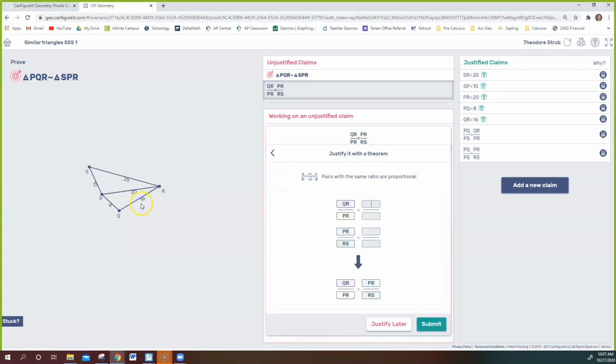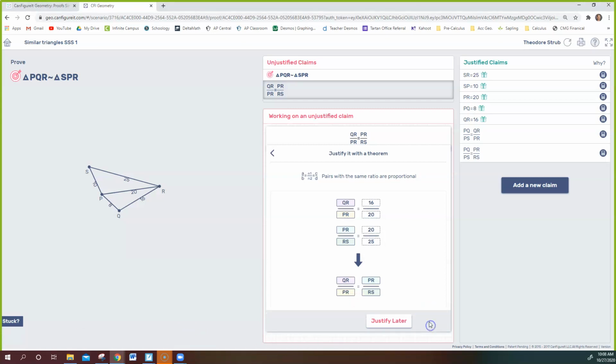Then you have to plug in the numbers. QR was 16, medium side to medium side on the top triangle, PR was 20. And the large side for the bottom triangle is 20, and the large side for the top triangle is 25. All right, and then hit submit.